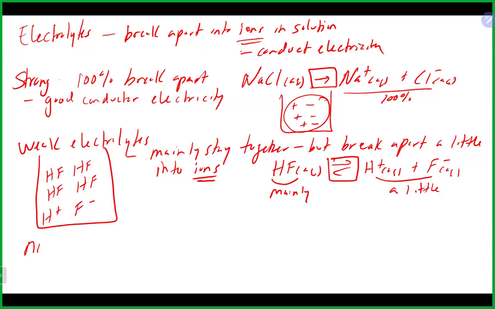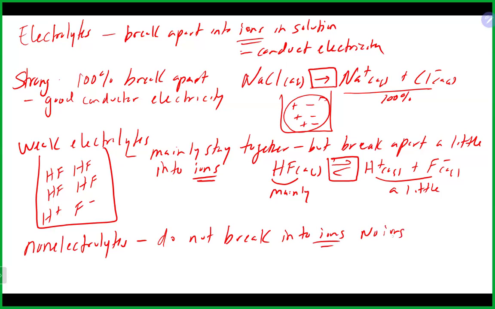Then we have non-electrolytes, which do not break apart into ions. And because there pretty much is no ions, it will not conduct electricity, but it can still dissolve, like sugar, for example.